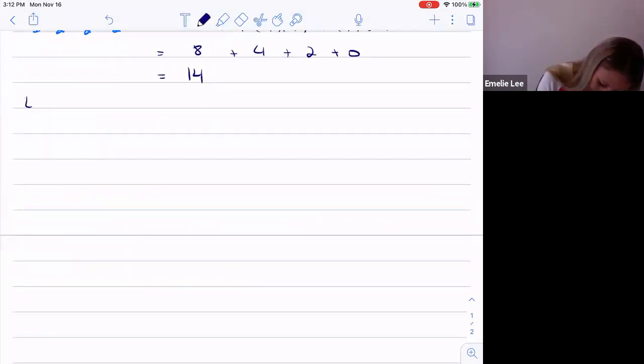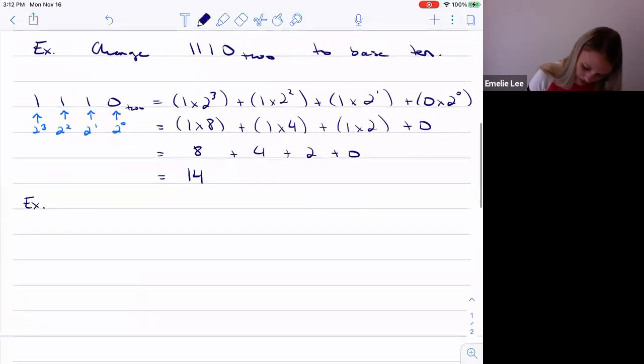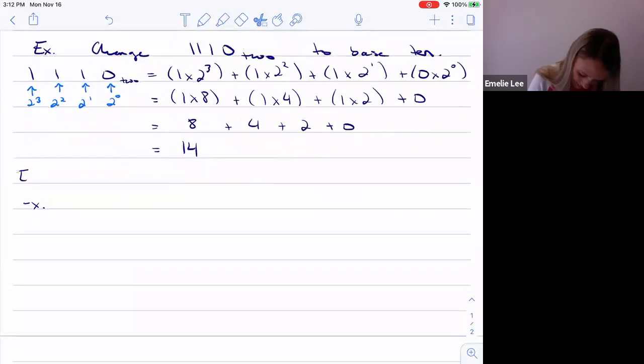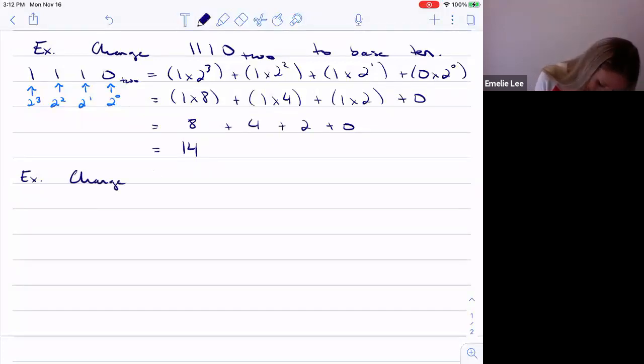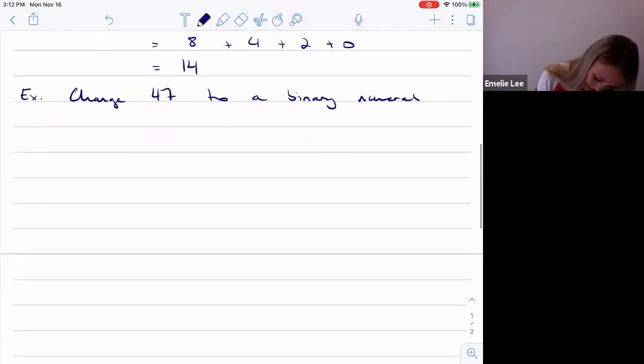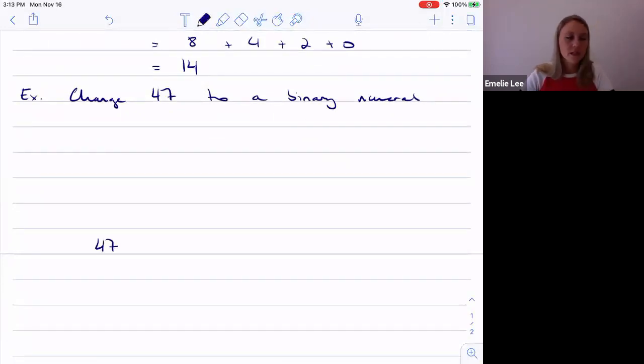So if I want you to change 47 to a binary numeral, I'll put it way down here because I think I'll need quite a bit of room. What we do is we just divide it by 2 and keep going, keep track of those remainders.